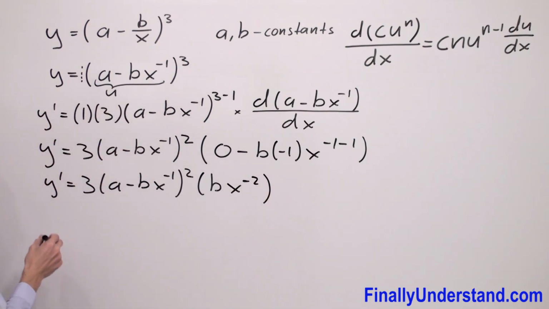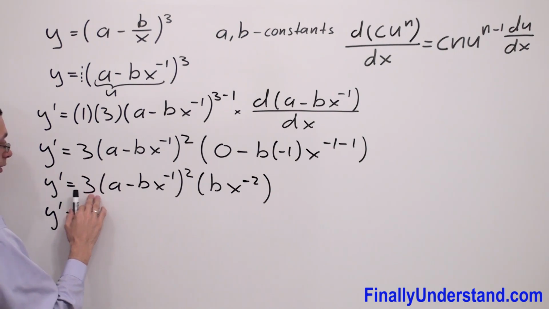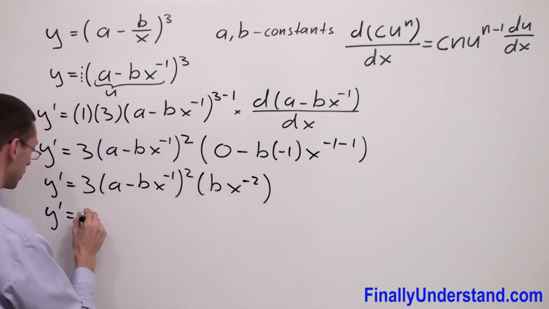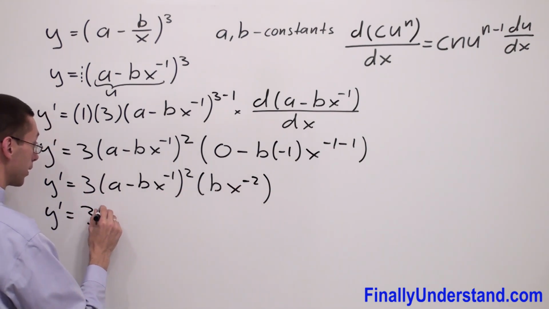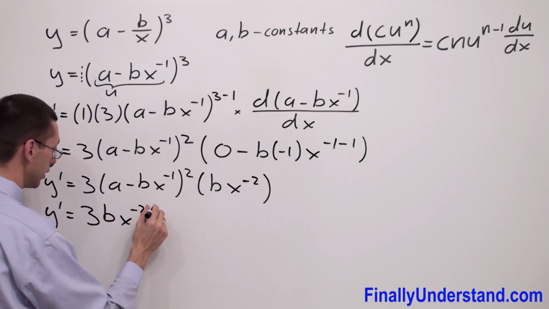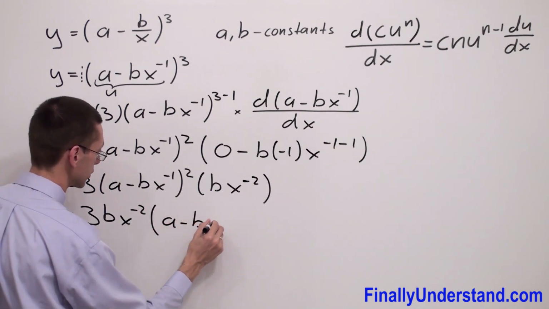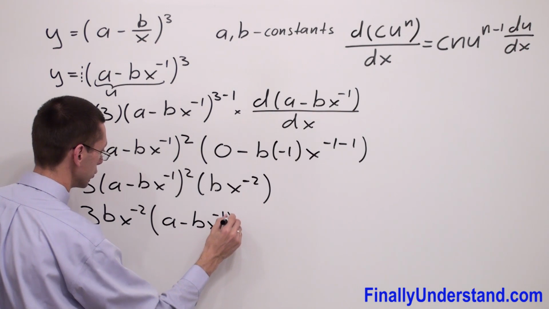You can rewrite this as y prime equal, simply multiplying 3 times these parentheses. You are going to have 3bx to the power negative 2 times (a minus bx to the negative 1) to the second power.